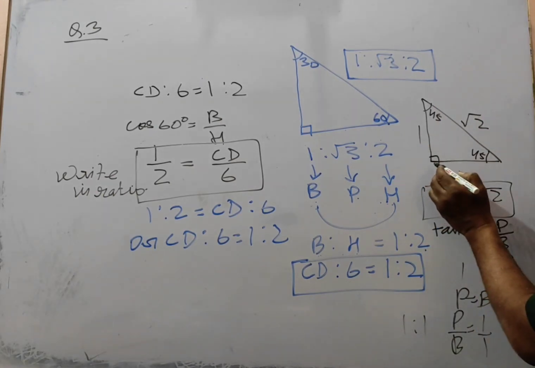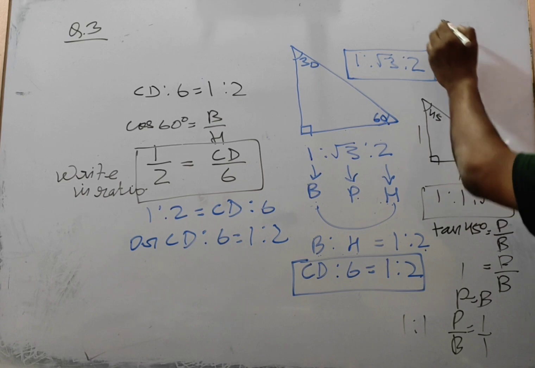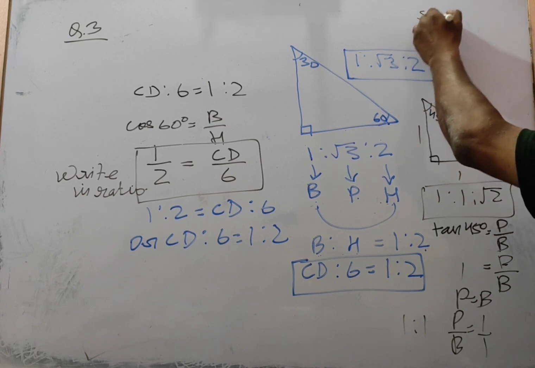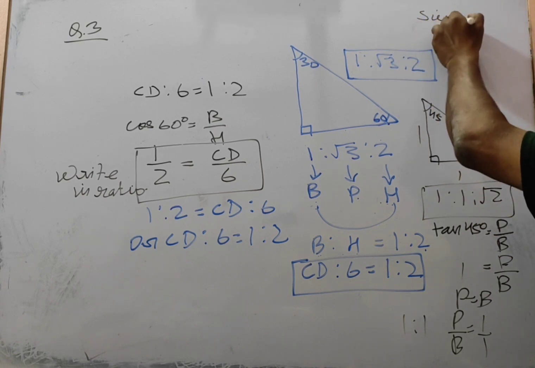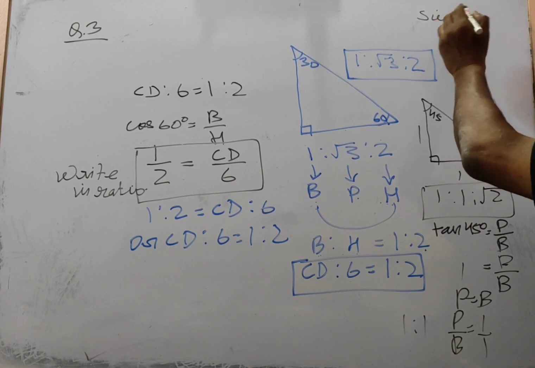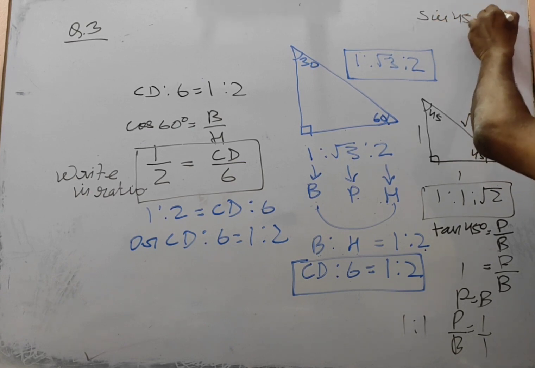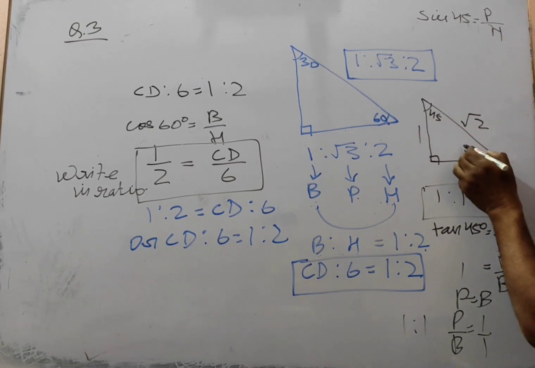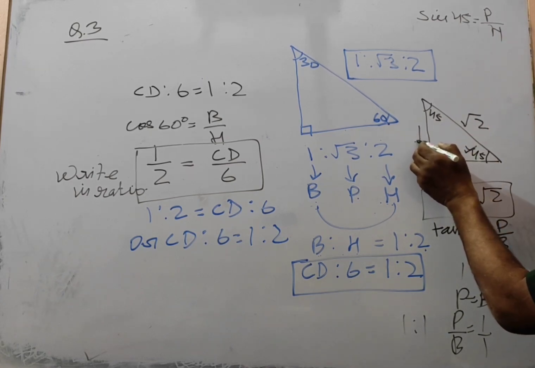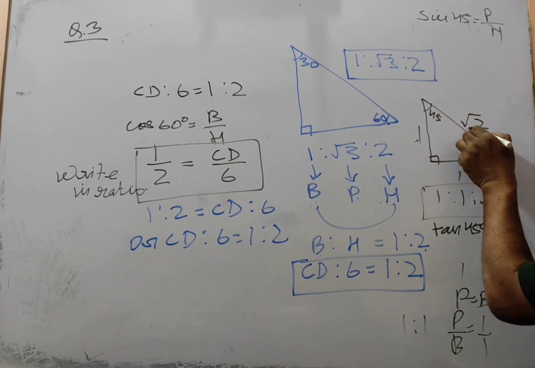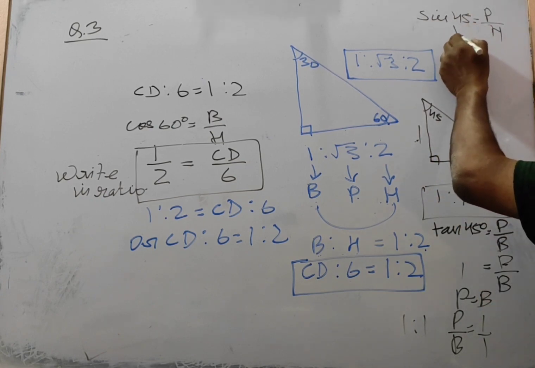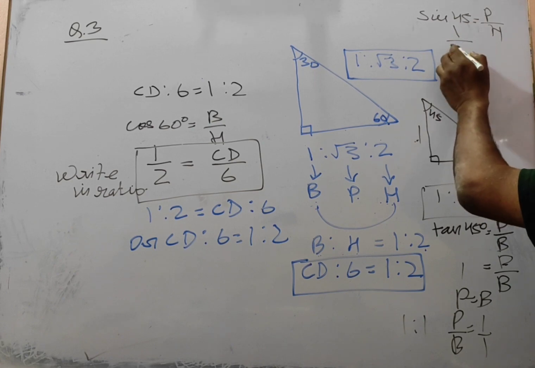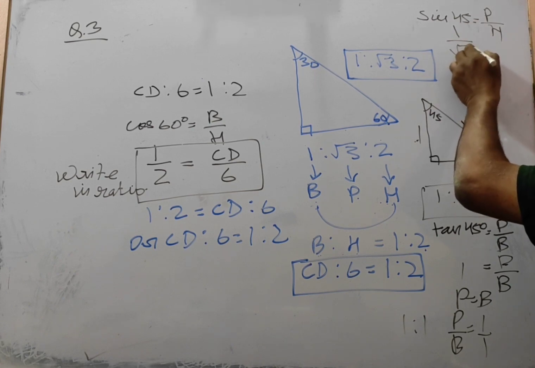And when I take sine 45 degree, that is perpendicular upon hypotenuse. Since we have taken this in consideration, this is perpendicular and this is hypotenuse, right? Sine 45 value is 1 upon root 2.